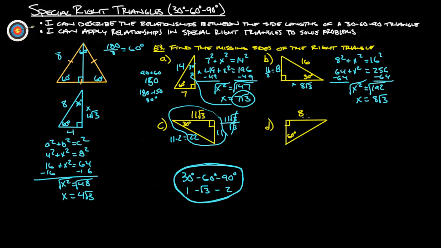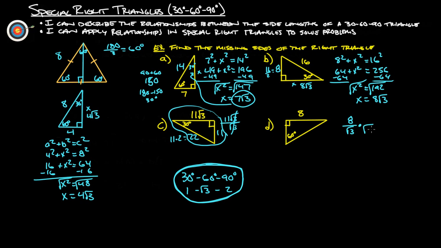Okay. So again, if this here is 8, to get down to this side here, we have to take 8 and divide it by root 3, right? Which we know we can't leave a root on the bottom. So we could say that's 8 over root 3, but that's not good. So we have to do the same thing we did before.